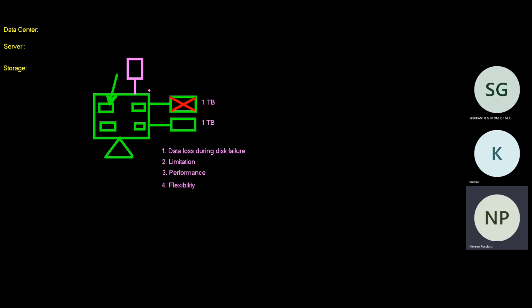Only one server can access and utilize the hard drive, right? That is another reason. Flexibility like this, we have plenty of issues which were there when we didn't have a storage. Now let's talk about storage and how storage resolved all these issues.